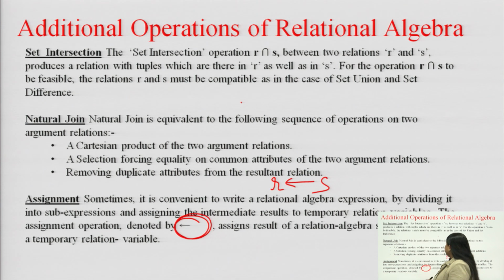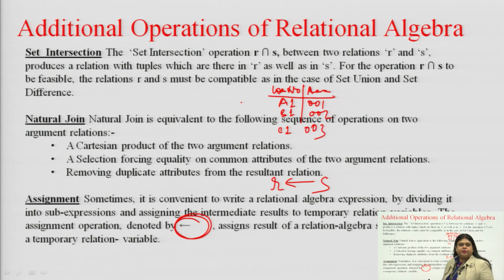Let us say we have a table with loan number and account number. Let us make the loan numbers A1, B1, C1, and the account numbers attached are 001, 002, 003.